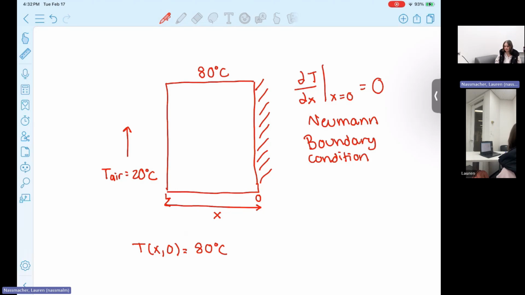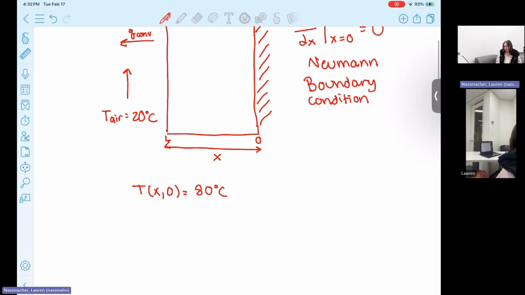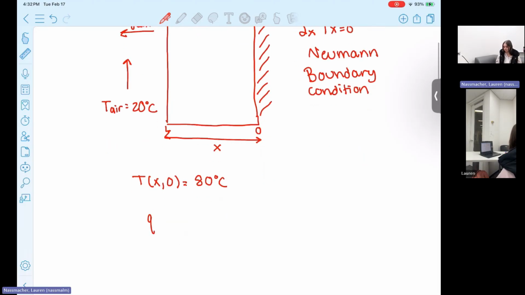If we look at the slab once again, you'll notice that this side, at L, is not insulated at all. So the heat must be leaving somehow, by convection. Q of convection, we'll call this heat leaving by convection. This can be written as Q, heat convection, is equal to the thermal conductivity multiplied by the temperature gradient.